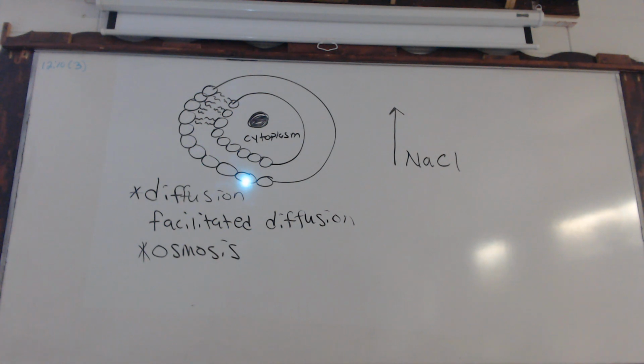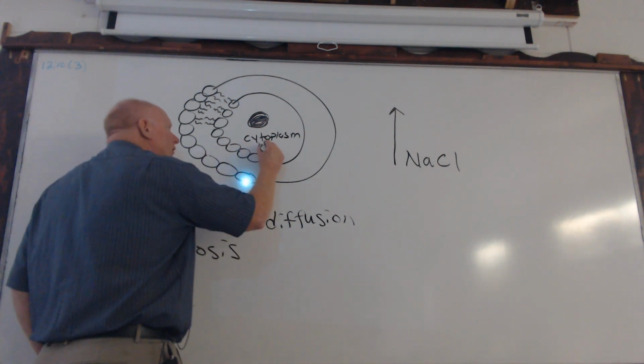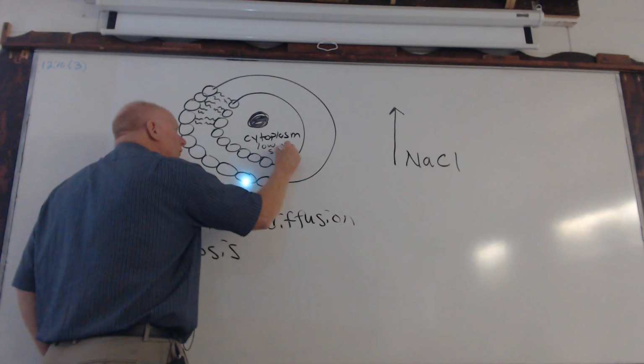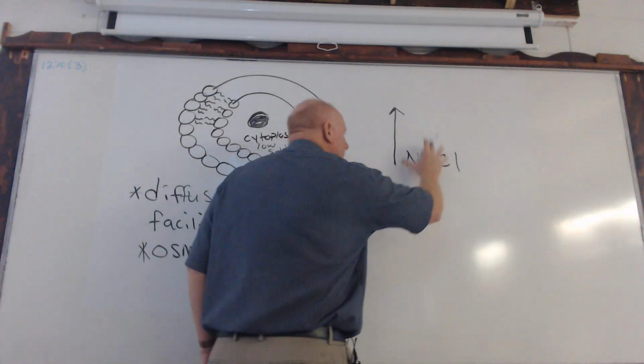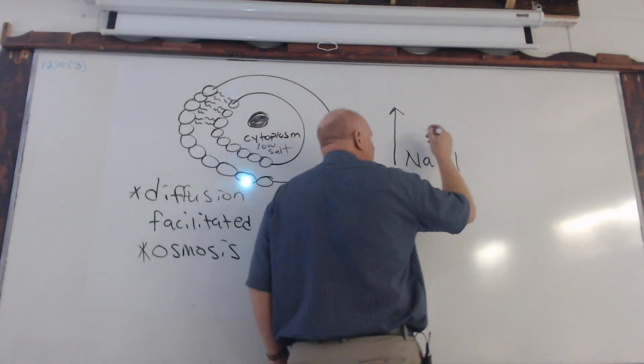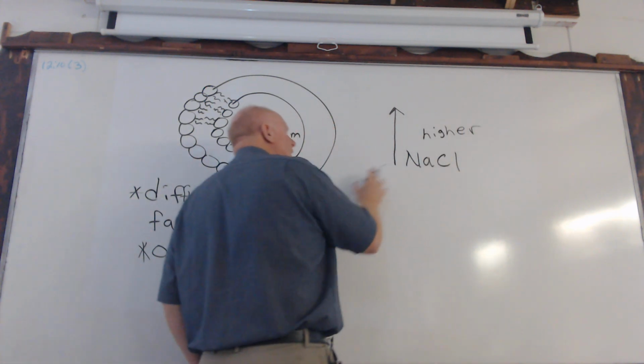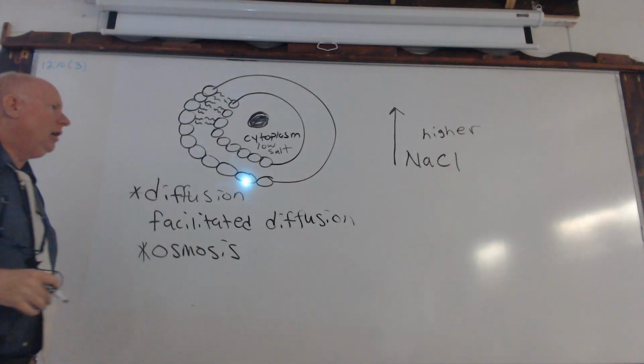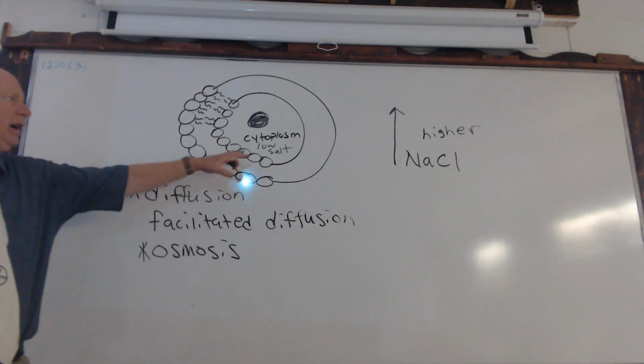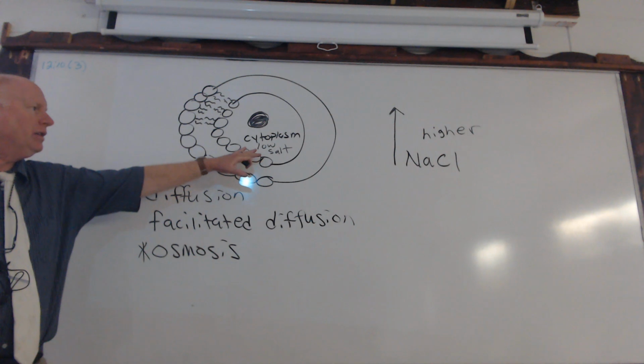Okay? So if we have low salt in here, so low salt. Here we've got an increased amount of salt. We can just put higher here. Maybe that makes more sense. So we've got a higher concentration of salt on the outside, a lower concentration of salt on the inside.